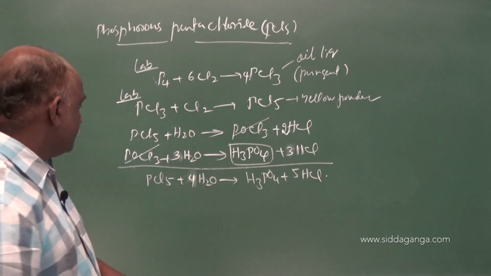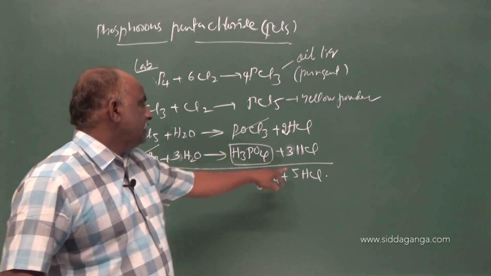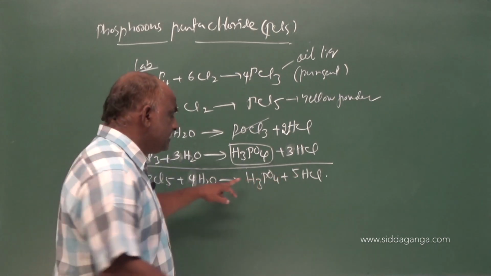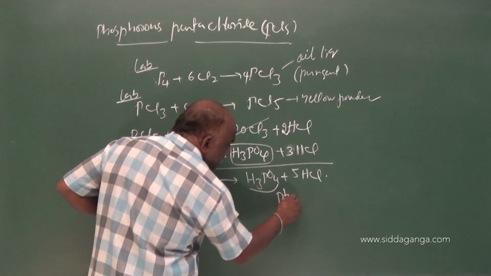Right. So, here PCl5 plus 4H2O gives rise to H3PO4 plus 5HCl. So, it is very important. This compound is called phosphoric acid.